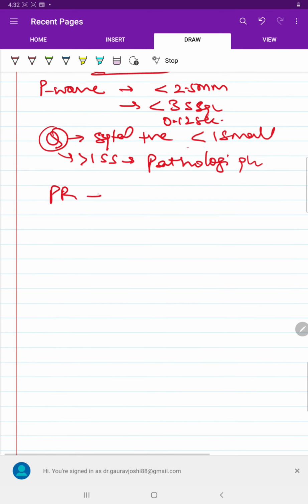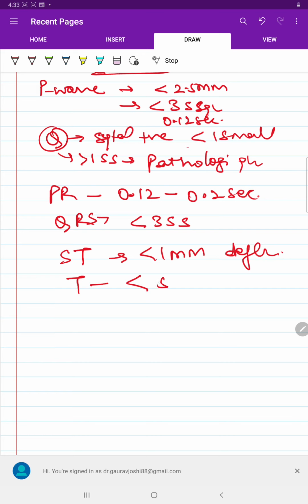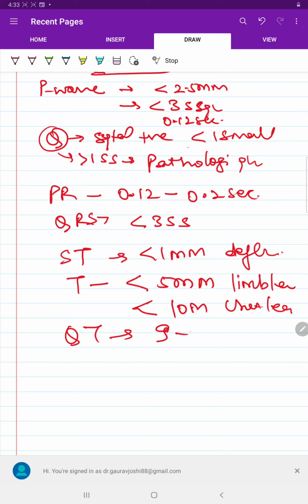Now the PR interval is 0.12 to 0.2 second. QRS is less than 3 small squares. The ST segment less than 1 mm deflection. T wave less than 5 mm in limb leads or less than 10 mm in chest leads. QT interval is 9 to 11 small squares.